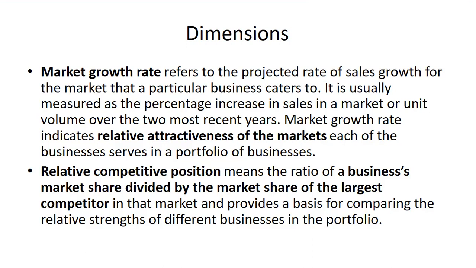Relative competitive position is nothing but the ratio of the business's market share divided by the market share of the largest competitor. So whatever specific ratio you have, it is divided by the largest competitor in that market, and that provides a basis for comparing the relative strength of different businesses in the portfolio.